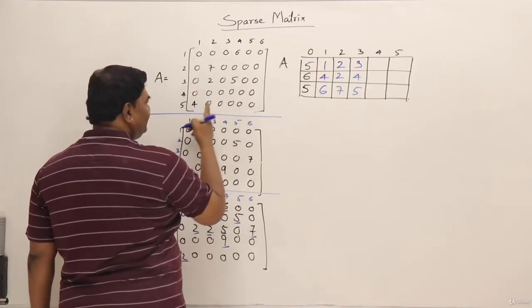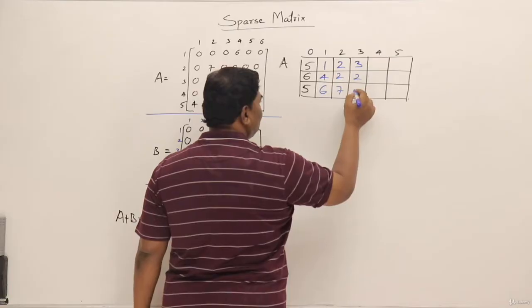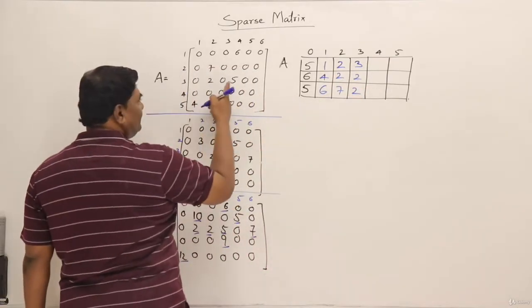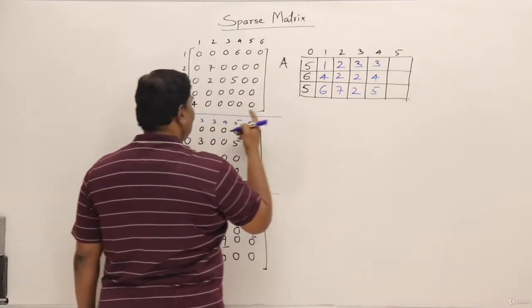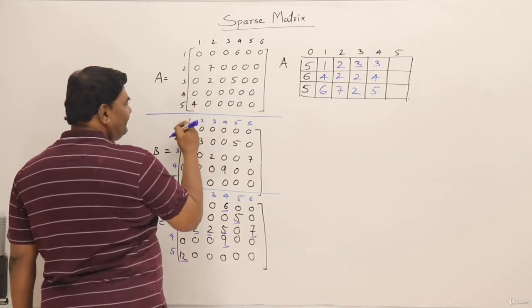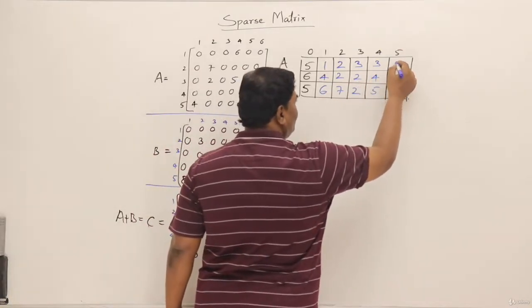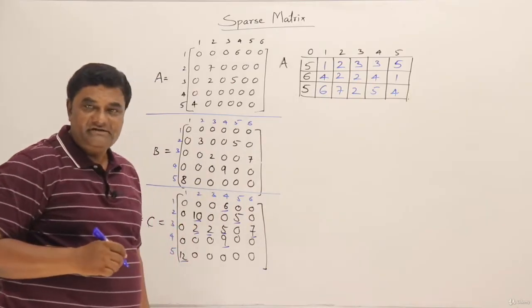Fourth row, there is nothing. Third row, second column, 2. Then third row, fourth column, 5. Then fourth row, there is nothing. Fifth row, first column, 4. This is how it is represented.